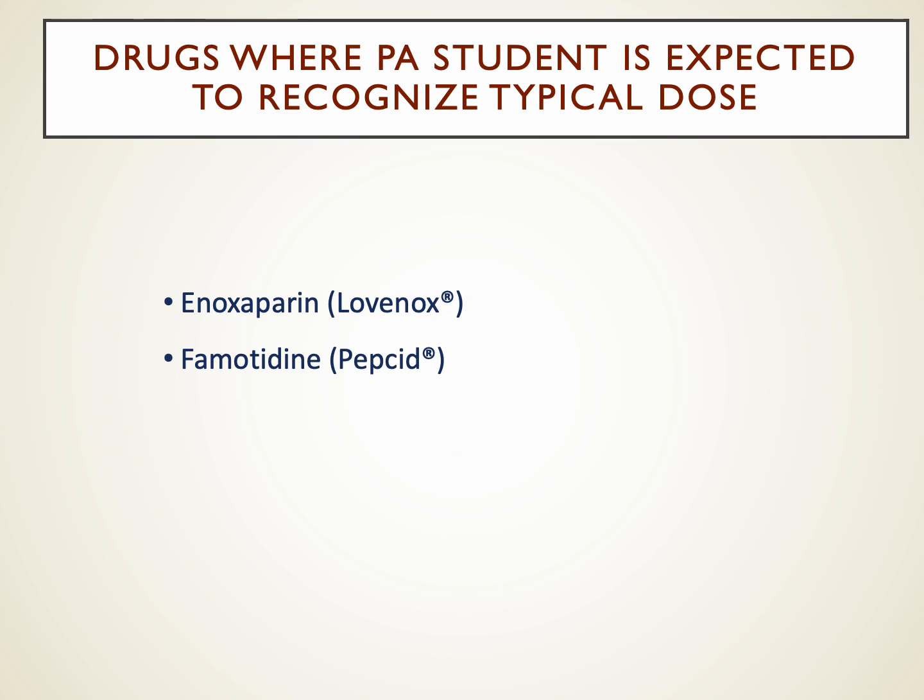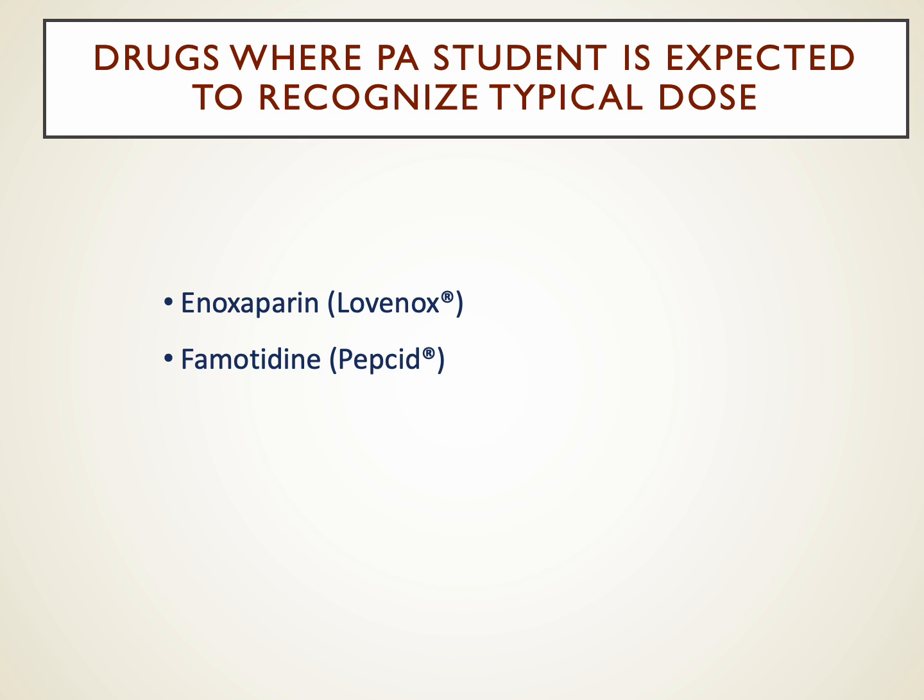Okay, so in anesthesia, there are two agents whose dosing I expect you to know, and one is enoxaparin. Keep in mind, the enoxaparin, Lovenox, dosing is going to be different for DVT prophylaxis than for therapeutic use. Therapeutic, we're usually using 1 milligram per kilogram every 12 hours, or maybe 1.5 milligrams per kilogram every 24. That's therapeutic.